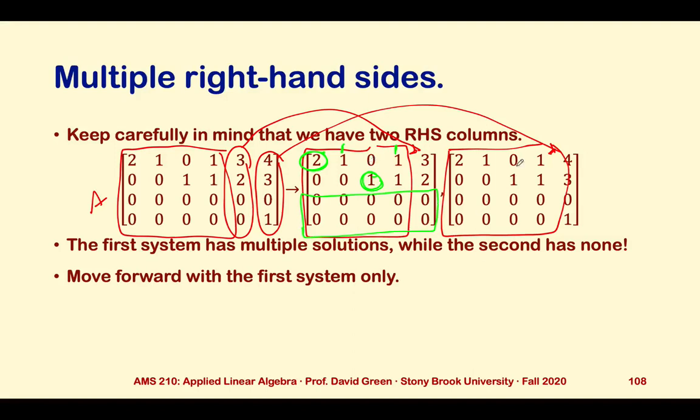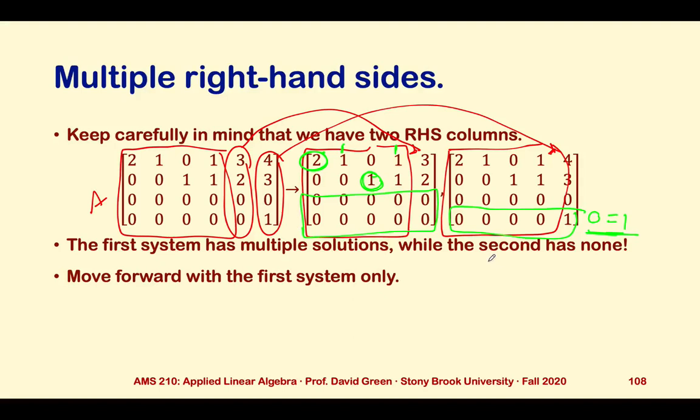The second system, on the other hand, has this row of all zeros except for the last column. This corresponds to a 0 equals 1, an inconsistency. The second system has no solution.